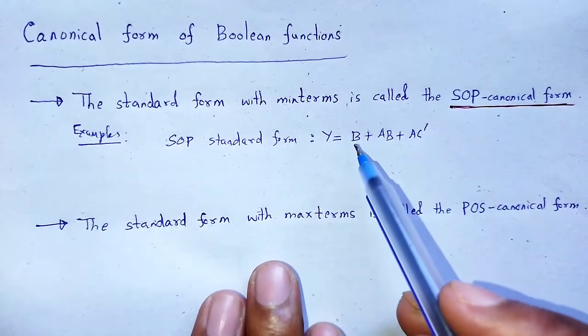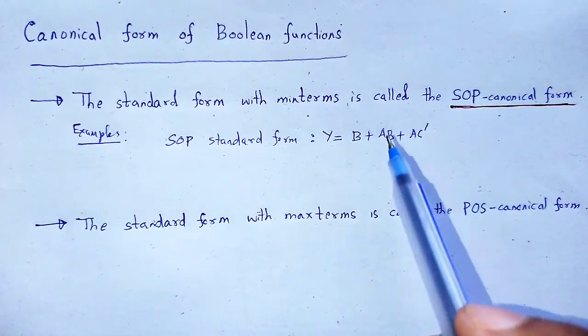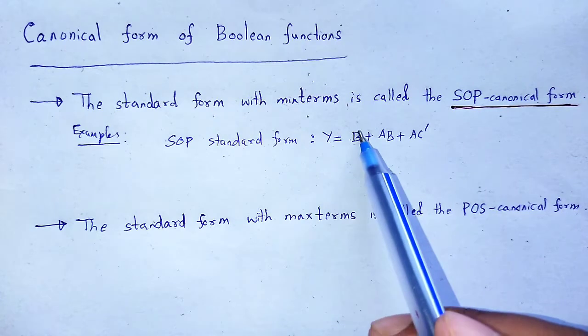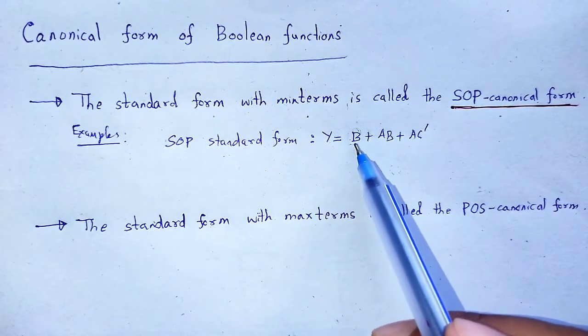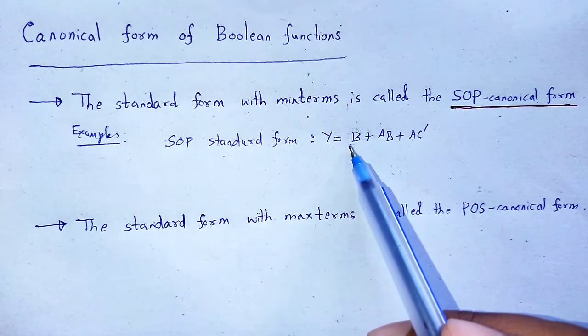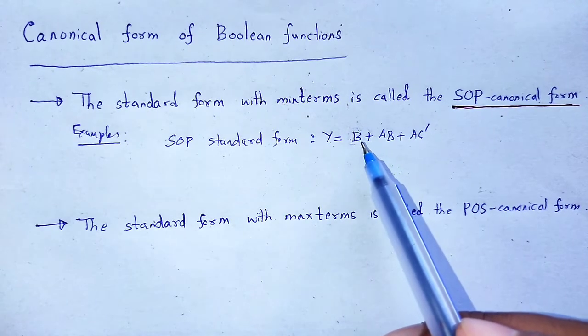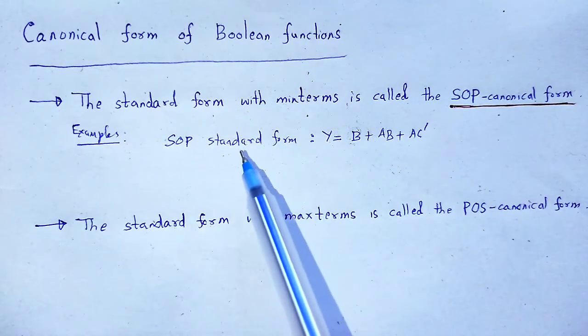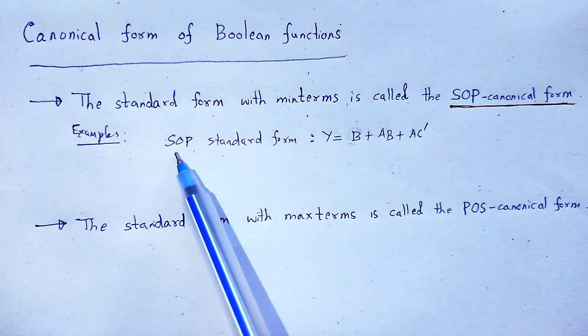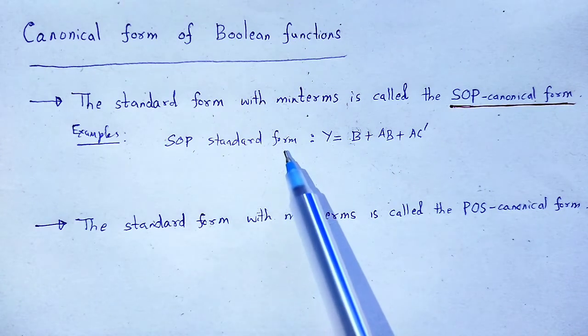Here there are 3 variables, but in the first term there is only b. Therefore, it is said to be SOP standard form.